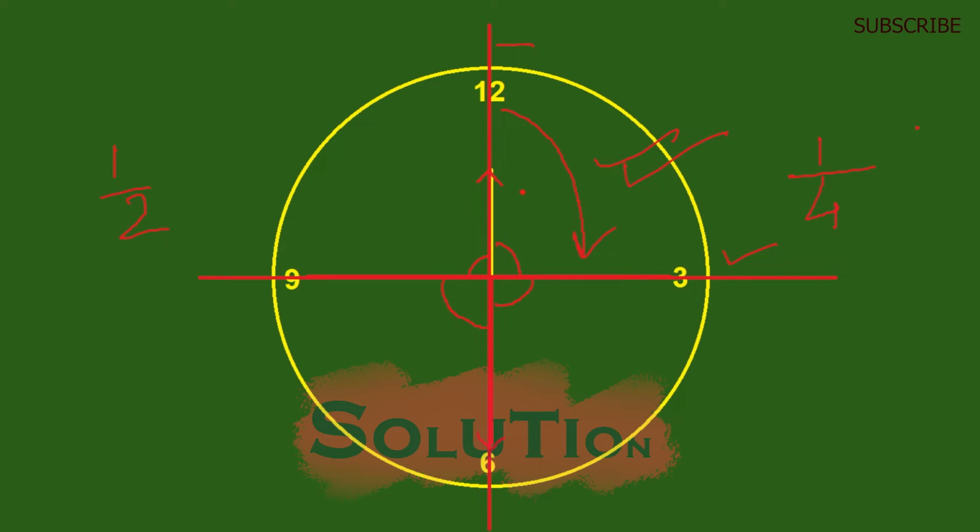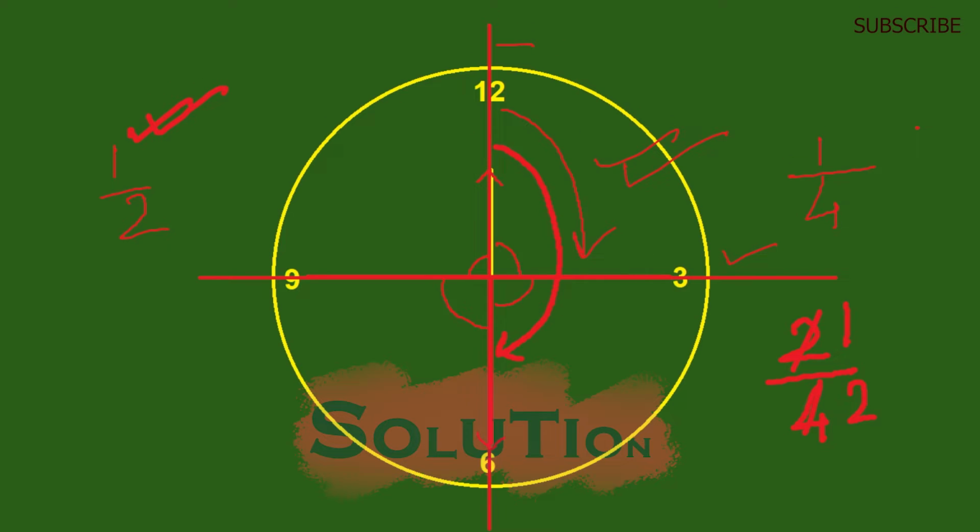Now if we start from this 12 and travel up to this, then we covered 2 parts out of 4 parts. If I make it small, it comes out as 1/2, which we have already seen, the half circle it has covered.